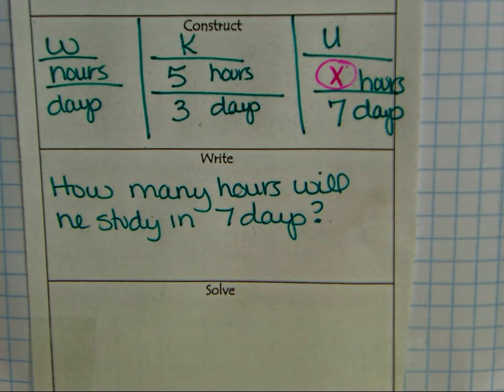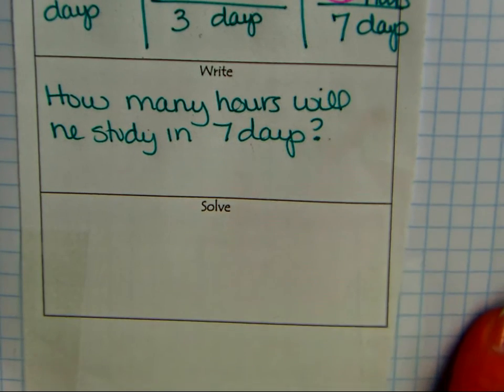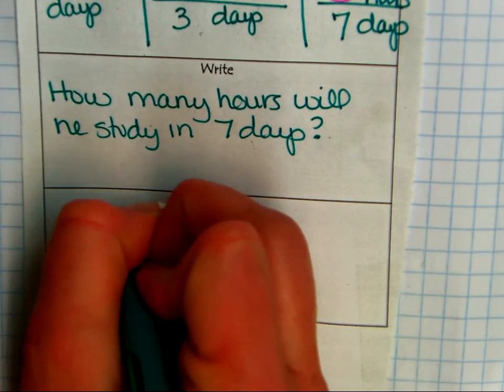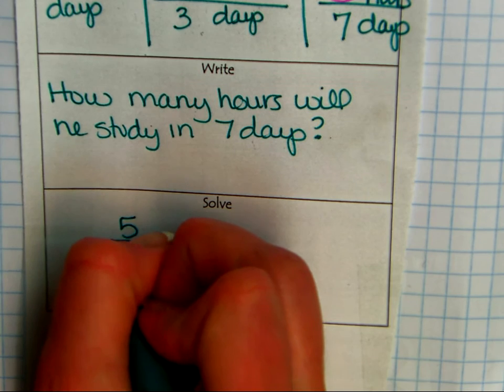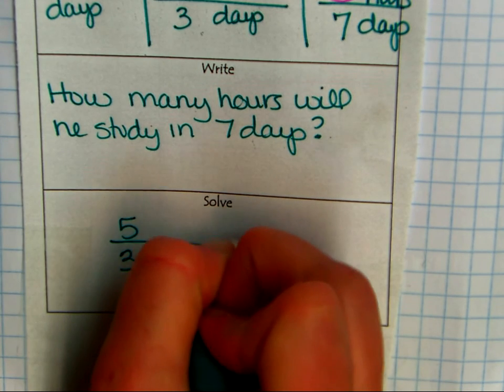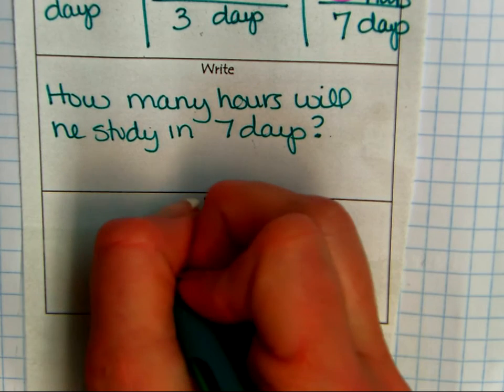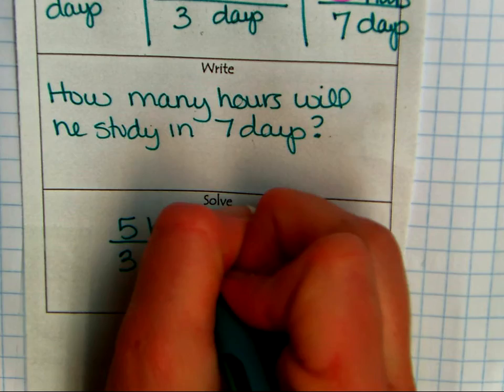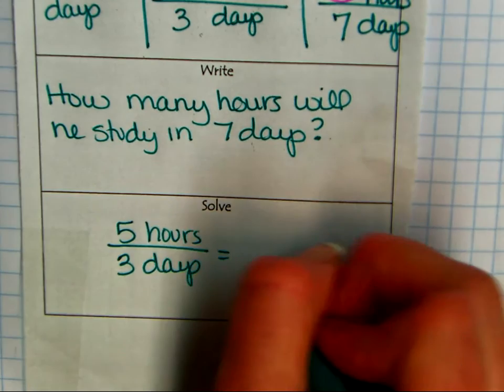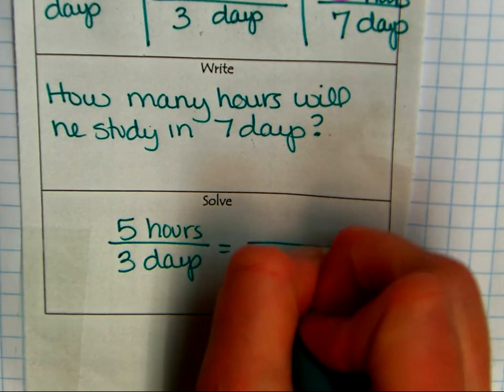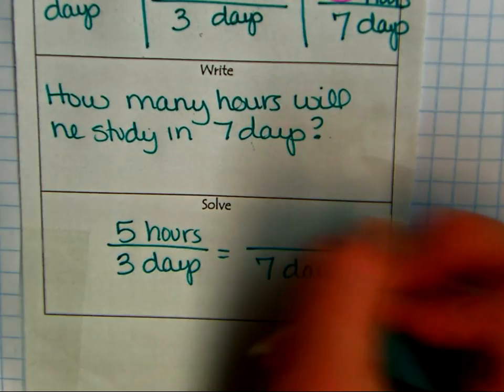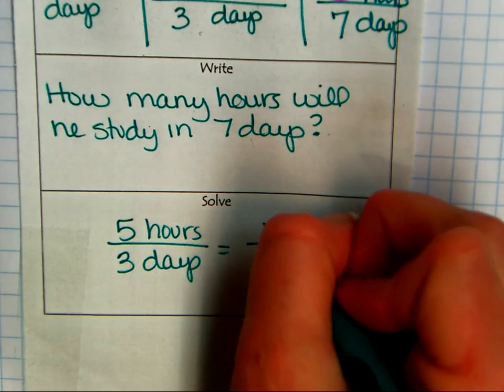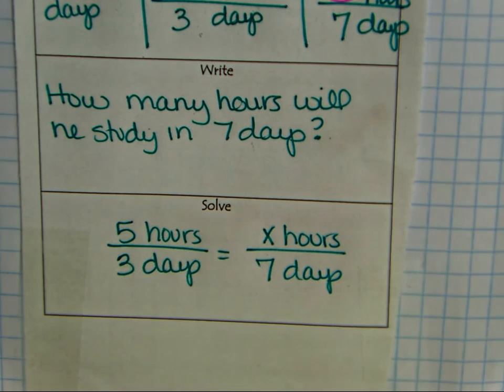That's what the variable represents. Okay, so now we're going to solve. First thing we do is set up our proportion. We have our known ratio equaling our unknown ratio, which has the one value we know, but also our variable. Okay?